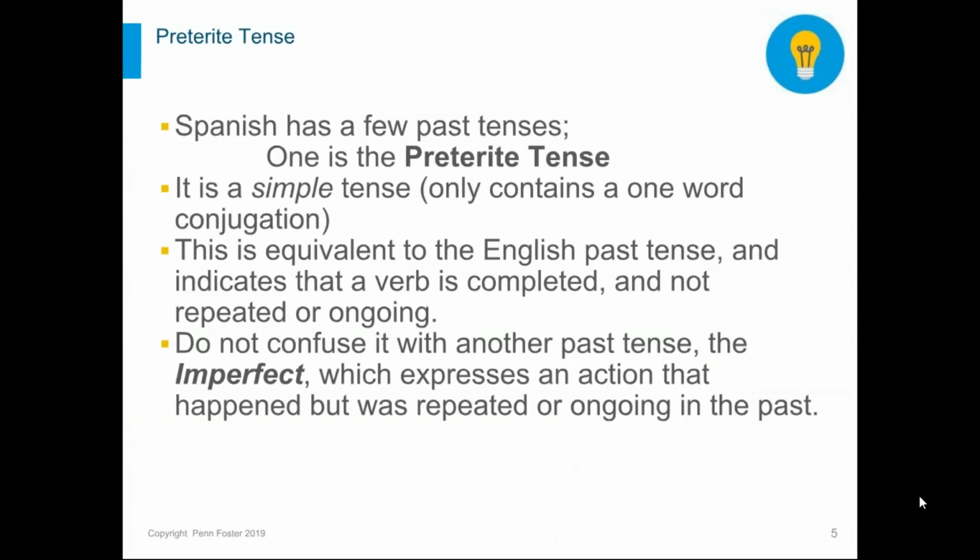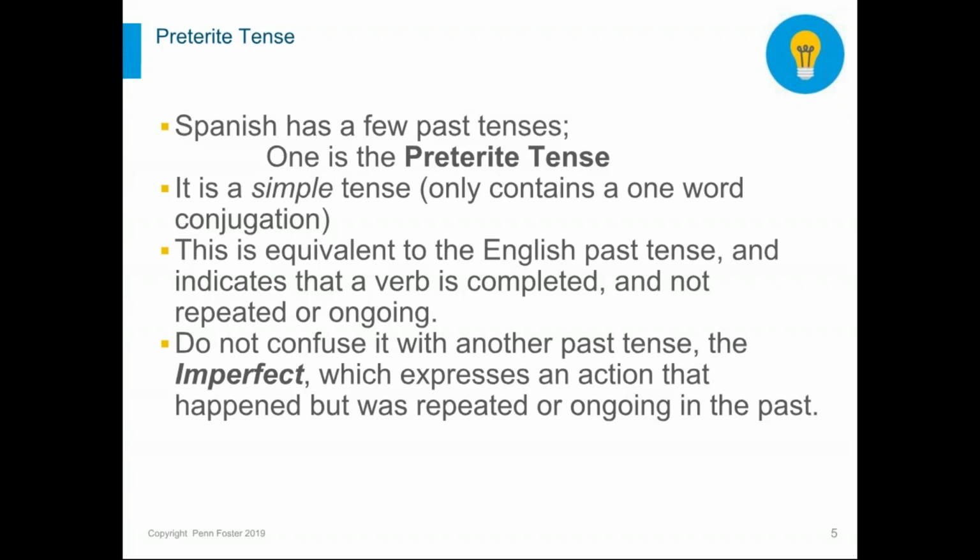So to begin, we will start by discussing the difference between the preterite, which is a past tense in Spanish, and another past tense known as the imperfect tense. The preterite is used to express actions that are completed, that were not ongoing or repeated in the past, which is what the imperfect is used for, those ongoing or repeated past actions.